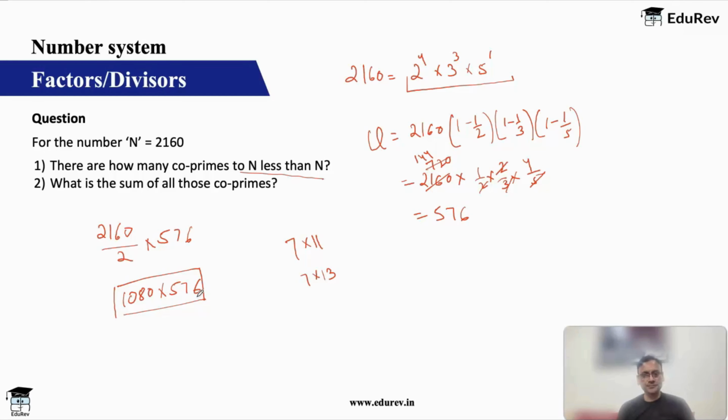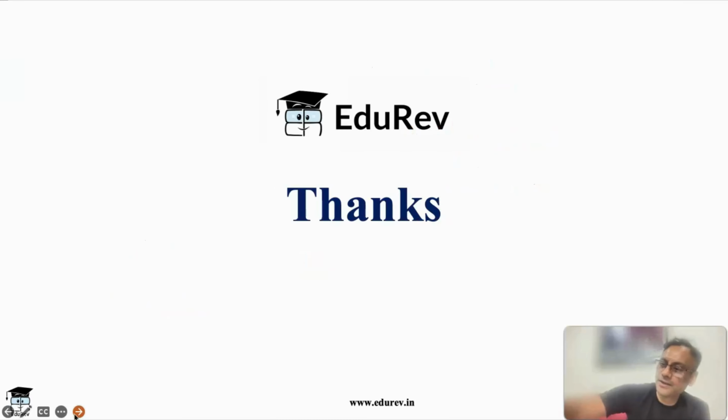Okay, so this was all that was there in factors, 7 different formulas. We started with number of factors, then we looked at pair of factors, then pair of coprime factors, then sum of factors, product of factors, the number of coprimes to n less than n, and the sum of all those coprimes.